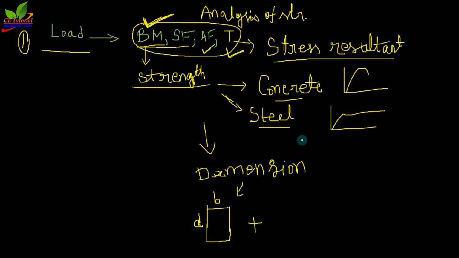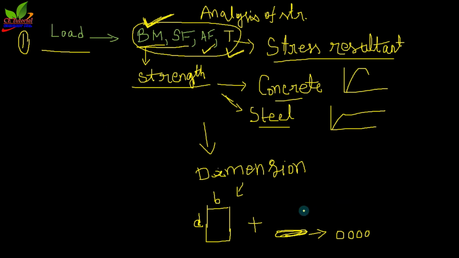And for reinforcement, for steel, you have to calculate the total area first of all, and based on this area you have to calculate the number of reinforcement bars. This is not actually the final stage; beyond that there are many more steps. You will learn step by step, no issue.